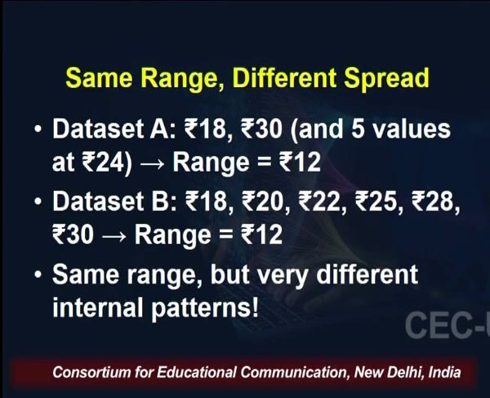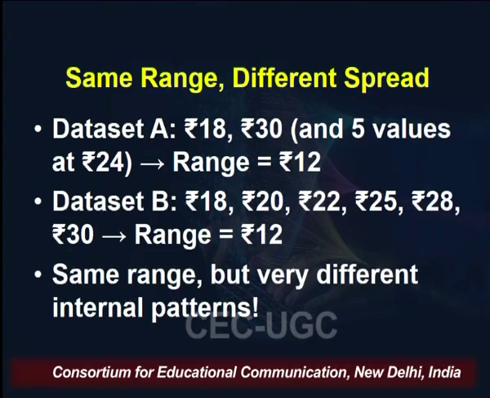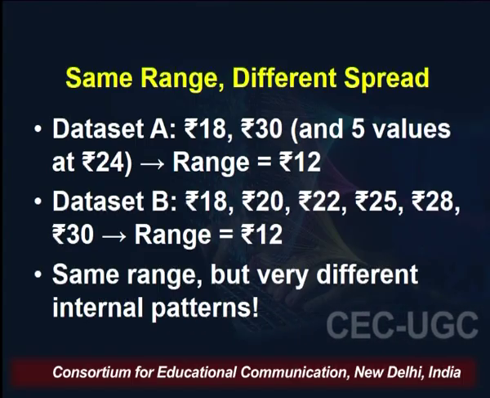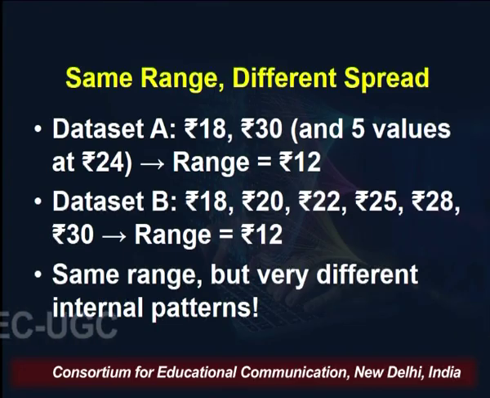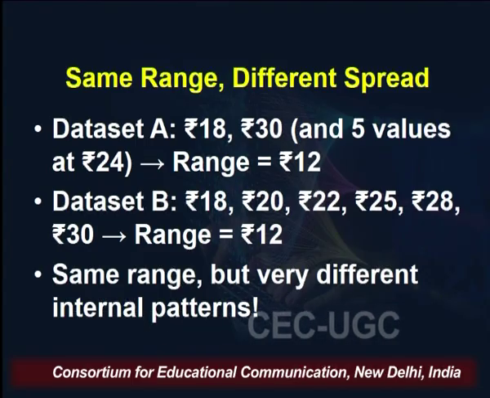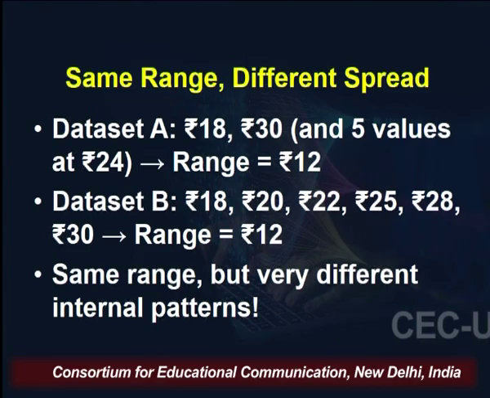Now let's see how the same range can show different spreads. Consider an example of a dataset A. Dataset A contains 7 values: rupees 18, rupees 30, and 5 values at rupees 24. The range here remains rupees 12.